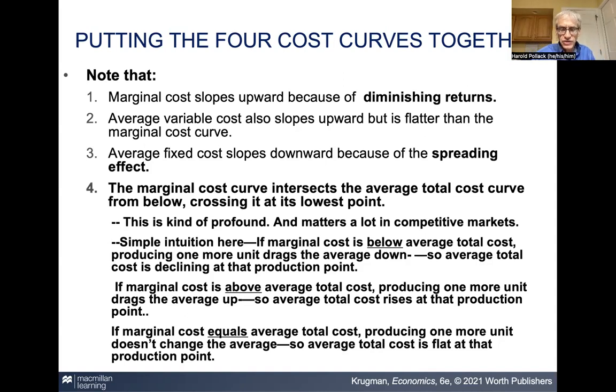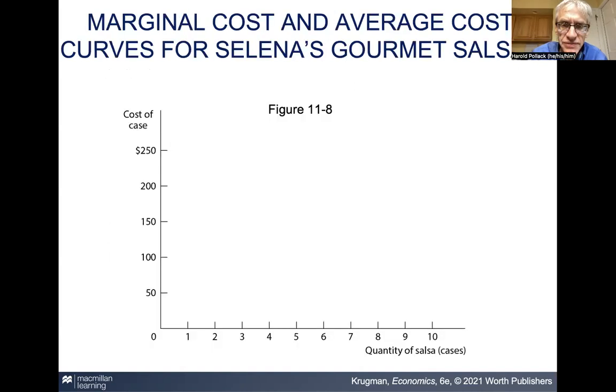The marginal cost curve is not dragging that average up or down. And that happens right at the minimum of the average total cost curve. So the marginal cost curve, when it's below the average total cost, starts coming up and intersects that average total cost curve right at its minimum where that curve is just flattening out. Okay.